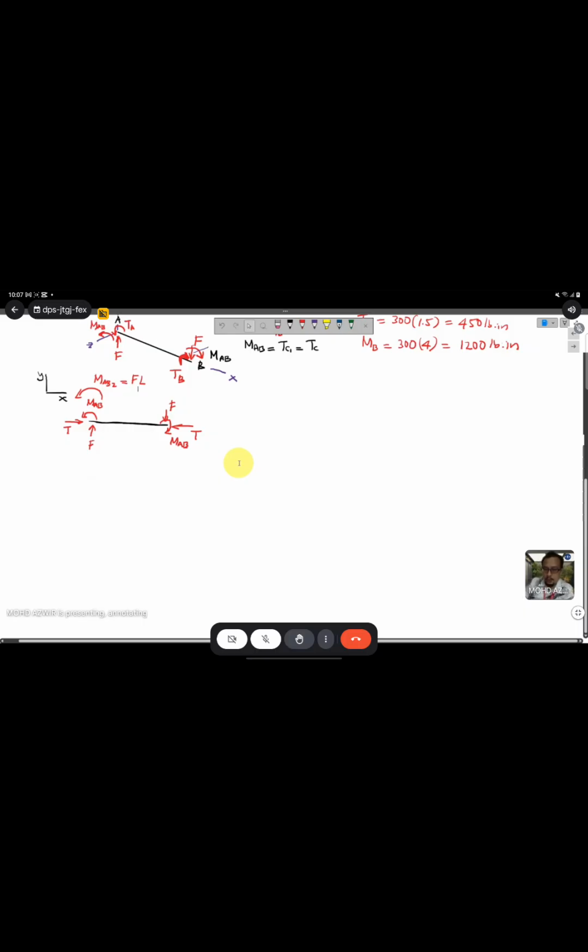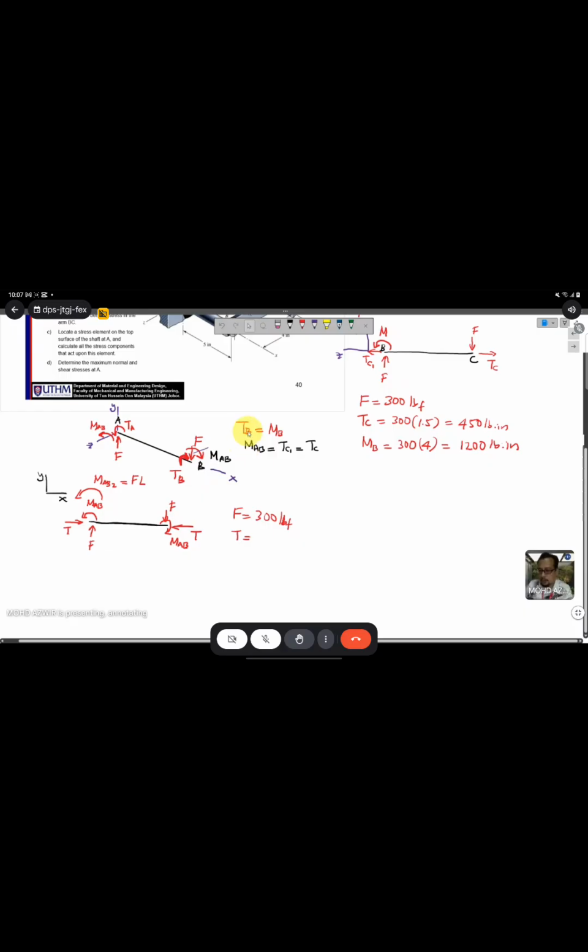Okay, so the total force F is the same value, 300 pound. And the torque here is equal to moment B. Moment B is 1,200 pound inch. And then MAB is equal to TC.